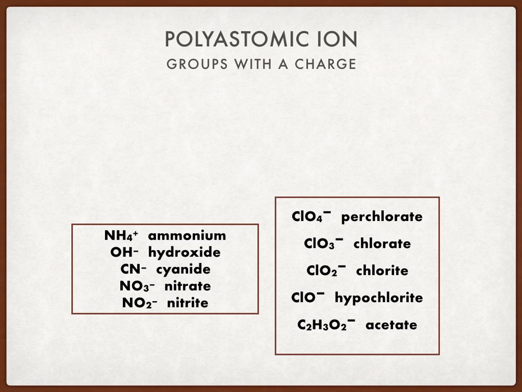There are lots of reasons for this, and when you go into organic chemistry, you'll probably draw the structures of these guys, but they are non-metals, right? Covalently bound together with a charge. I also realize here that it's supposed to be polyatomic, so sorry about that. These are called polyatomic ions. They are a group of non-metals that are covalently bound together and have an overall charge associated with it.